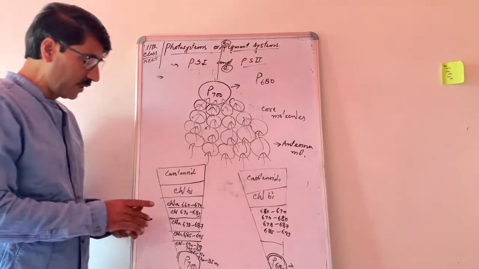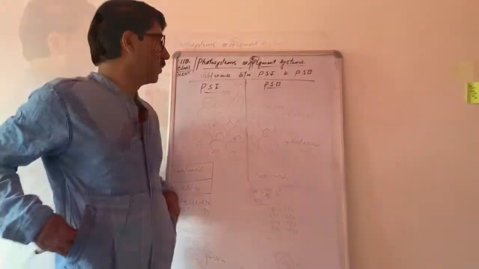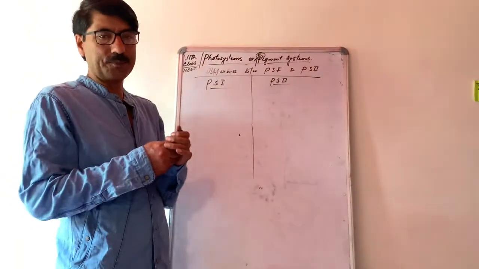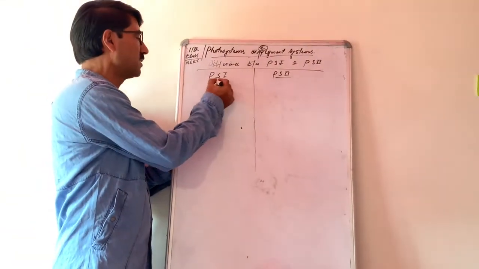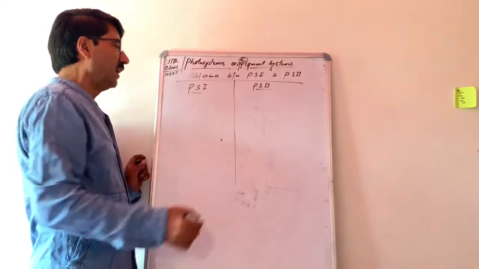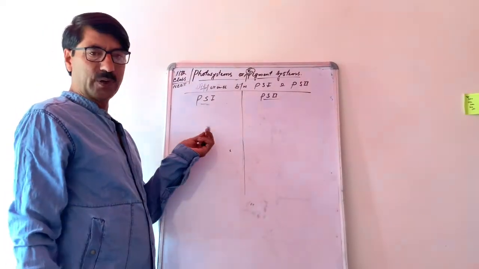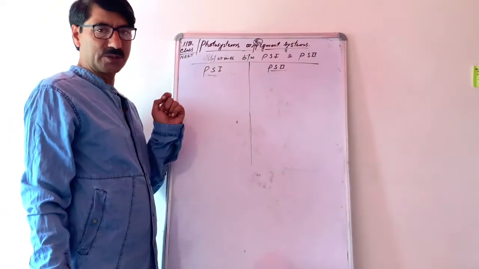Now we will try to understand the difference between the two pigment systems. So यहाँ पर हम इसकी difference लेंगे PS first और PS second की. As we have read when we were studying the structure of chloroplast, the thylakoids are found in the form of grana, and some thylakoids remain dispersed in the stroma.